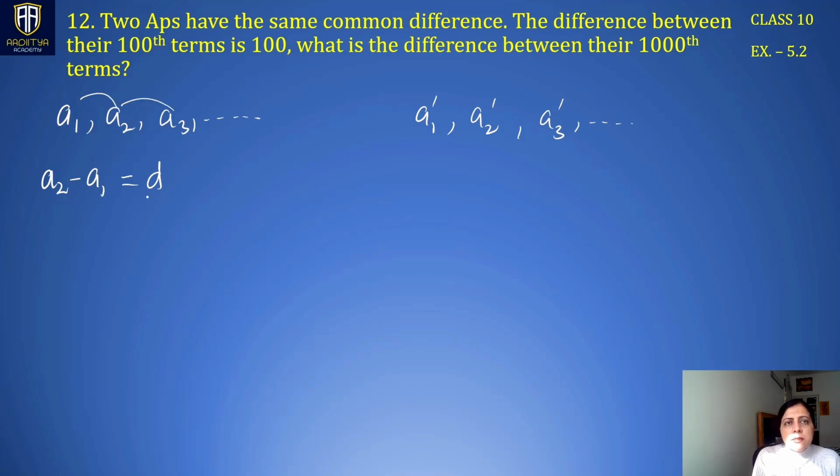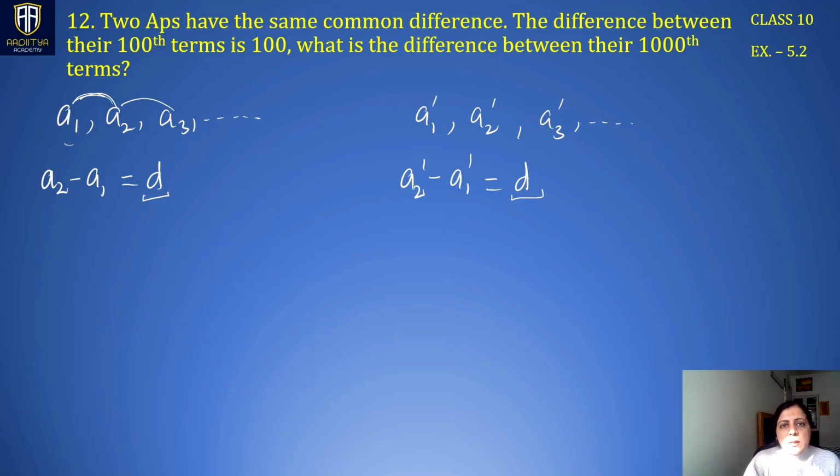So A2 minus A1 is D. In the same case, A2 dash minus A1 dash will also be represented by D, not D dash. So whatever the values of these A1, A2, A3 and A1 dash, A2 dash will be, the difference between these two terms will be same. So I am taking the same denotation for both the common differences, since they are same for both the sequences.